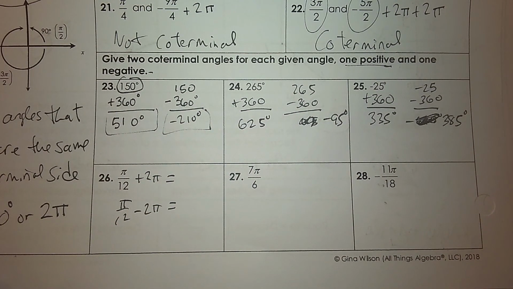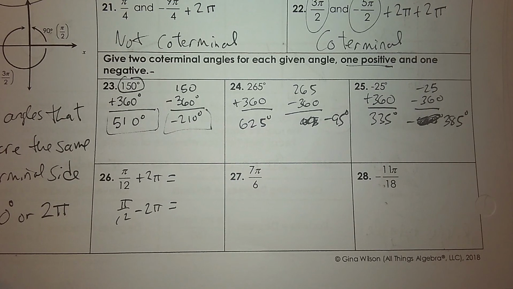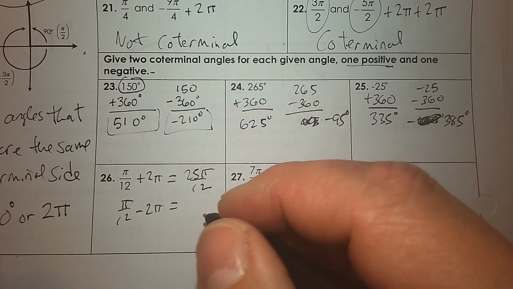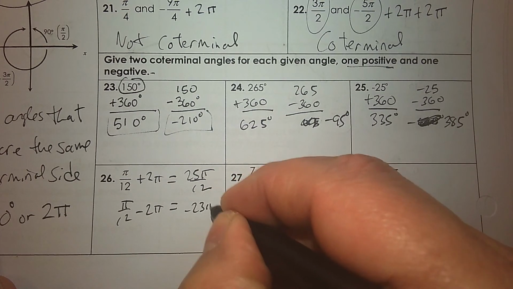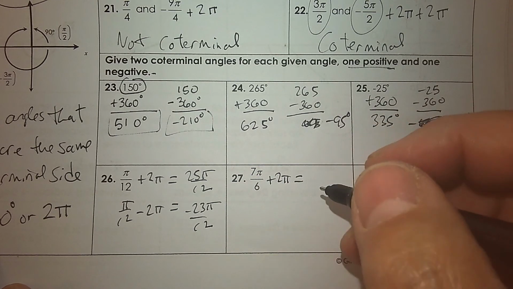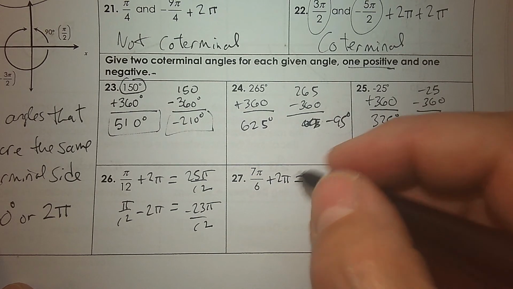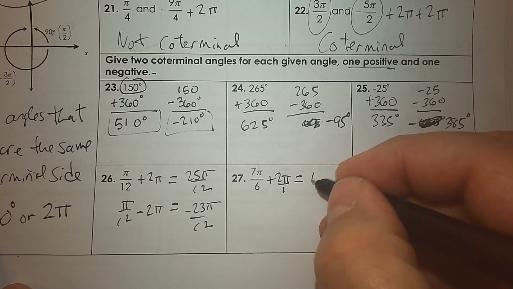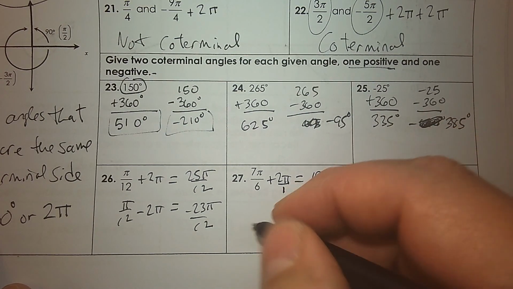If you didn't have a calculator, you'd need common denominators. Again, we're going to add 2 pi. If you didn't have a calculator, you'd need common denominators. The denominator under 2 pi is 1. That's 19 pi over 6. Or subtract.